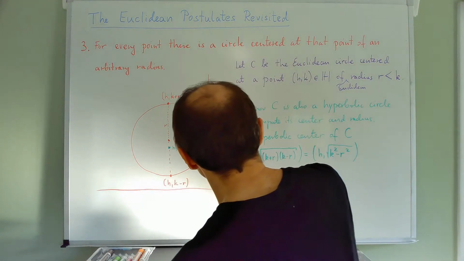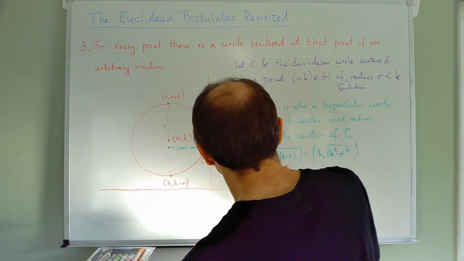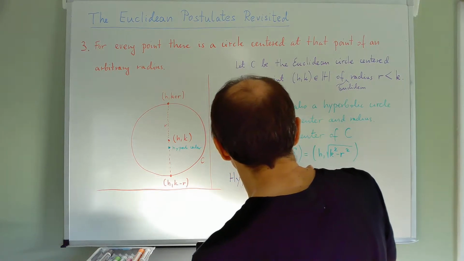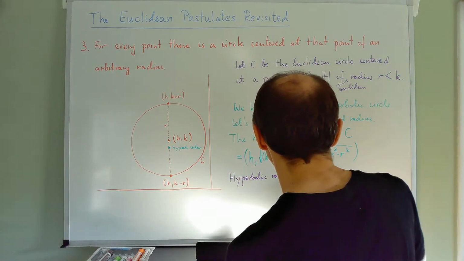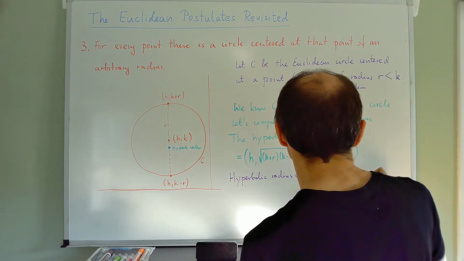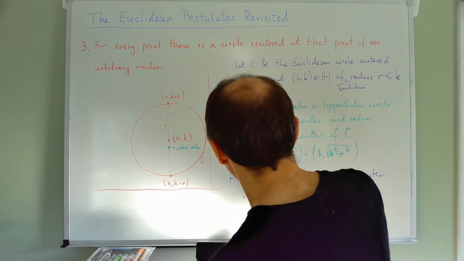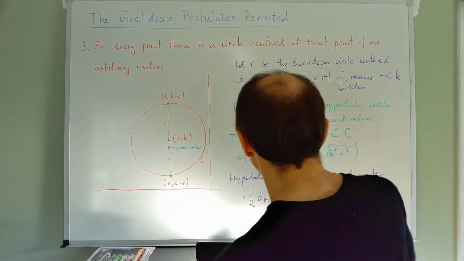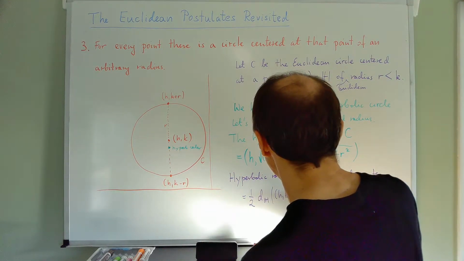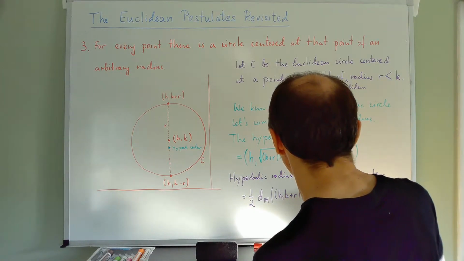So the hyperbolic radius, which is half of the hyperbolic diameter, is one half of the hyperbolic distance between the points (h, k plus r) and (h, k minus r).